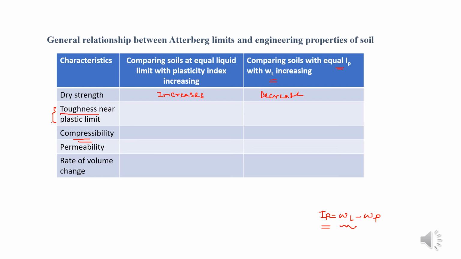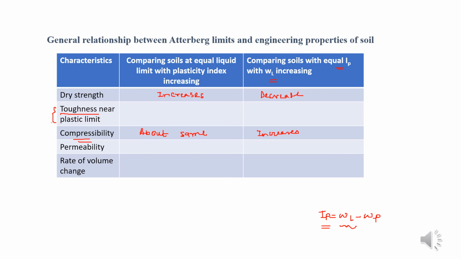So when my plasticity index is the same and my liquid limit is increasing, the compressibility of the soil increases. In the case when my liquid limit is the same for both soils and only the plasticity index changes, the compressibility remains almost the same.